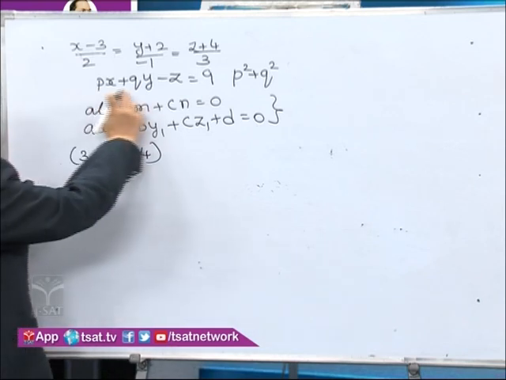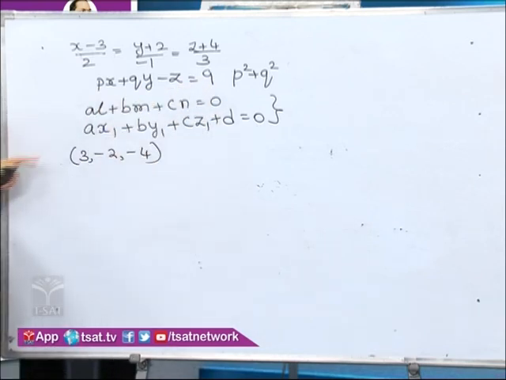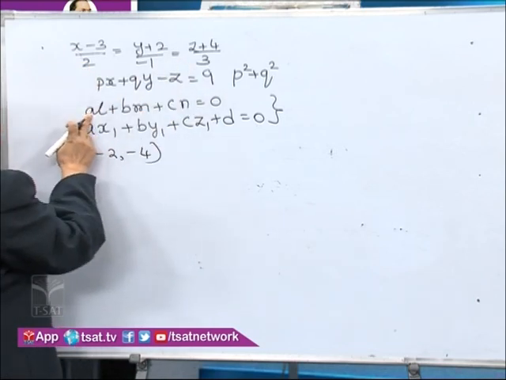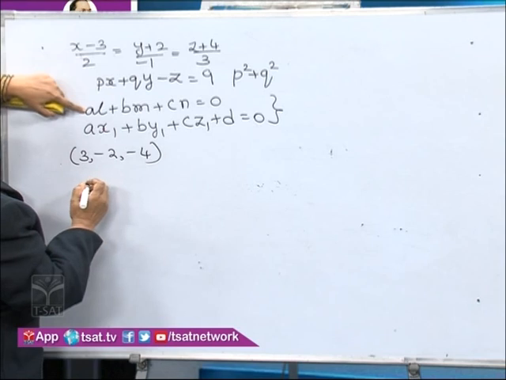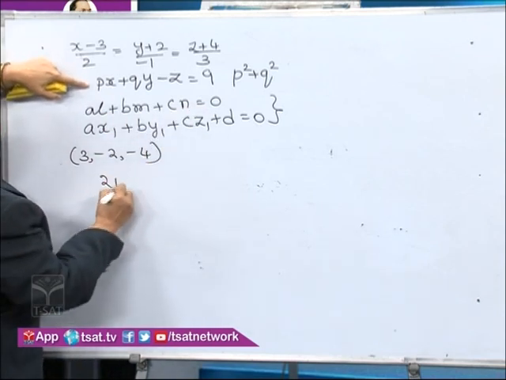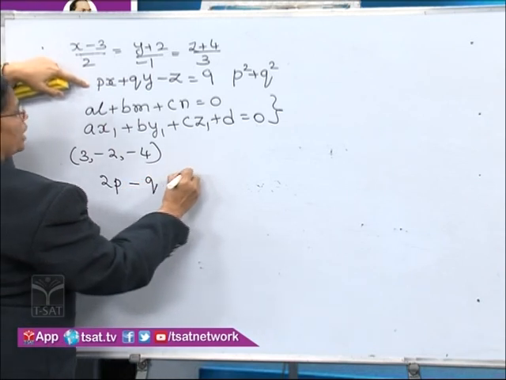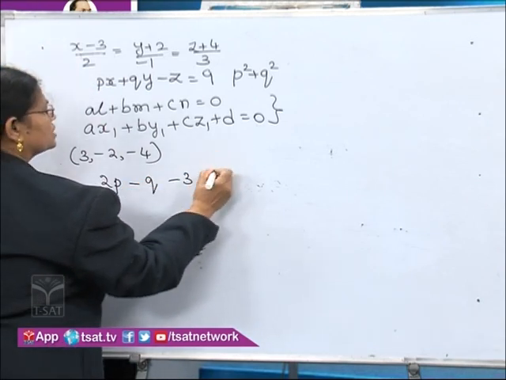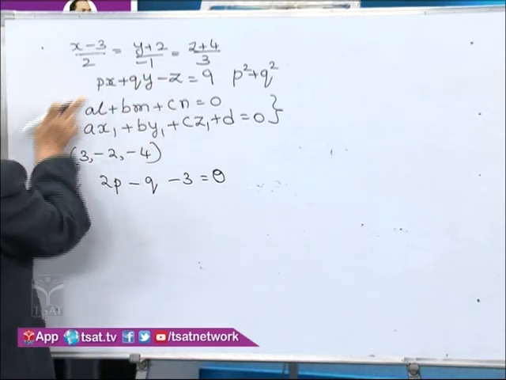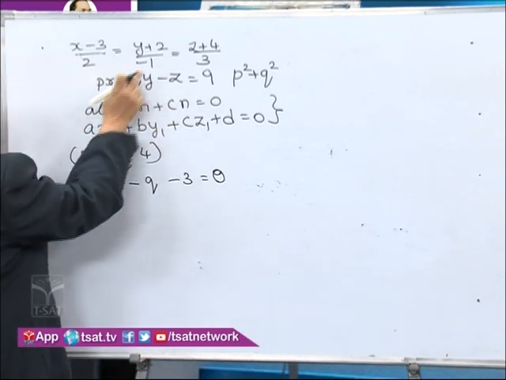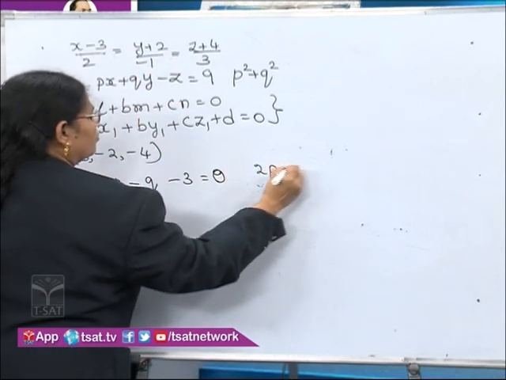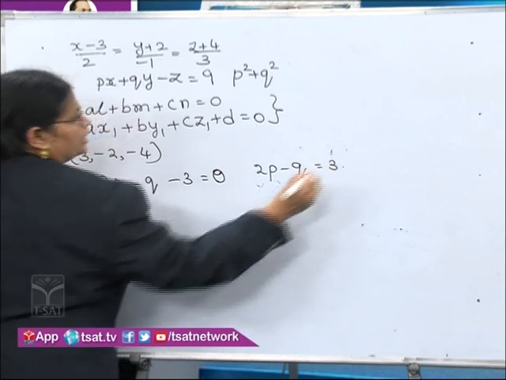And the plane equation is this. So now using the condition, l, m, n are 2, minus 1, 3. So from this condition al plus bm plus cn equal to 0, we have p into 2 plus q into minus 1 plus minus 1 into 3, so 2p minus q minus 3 equal to 0. So 2p minus q equal to 3 is one equation.